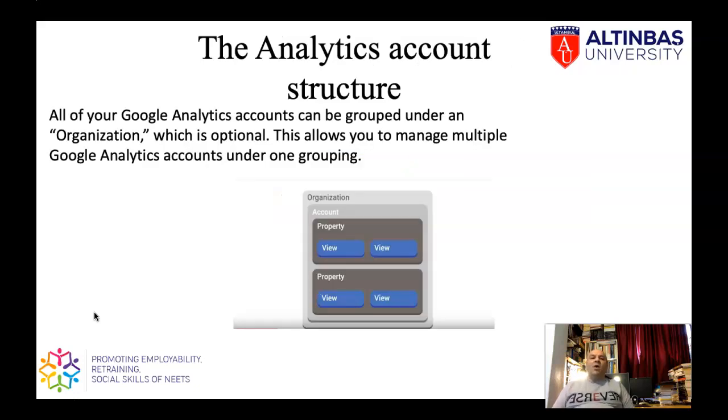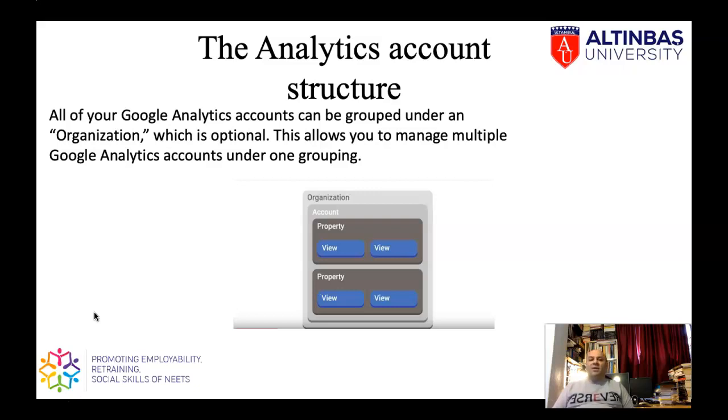Now that you know how data gets collected, let's look at how Google Analytics accounts are organized. All of your Google Analytics accounts can be grouped under the Organization level, which is an optional one. This allows you to manage multiple Google Analytics accounts under one grouping. Large businesses or agencies could have multiple accounts, while small to medium-sized businesses generally use only one account.